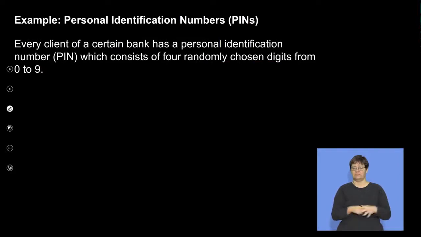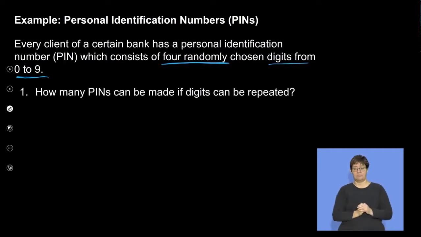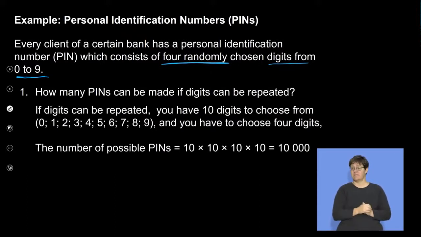So it's still the same problem. Remember we're working with a 4-digit PIN and we have to choose digits from 0 to 9. The first question: how many PINs can be made if digits are repeated? If digits can be repeated, we have 10 digits.